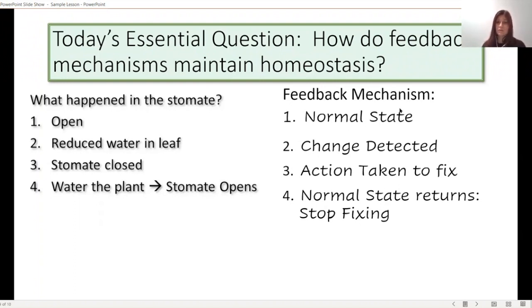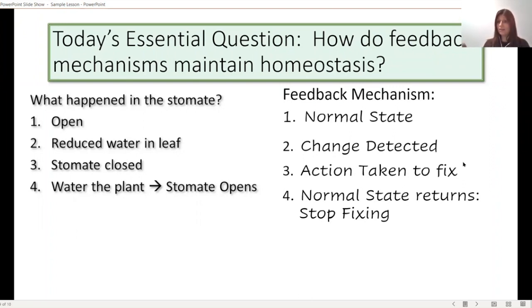But the furnace isn't pumping out any heat for a while, and it's a colder day. And after a little bit, it goes down to 67, maybe 66, and all of a sudden, the heat's going to kick back on, right? It got too low. A change was detected by the thermometer in the thermostat, and it kicks the heat on. So it takes an action to fix.